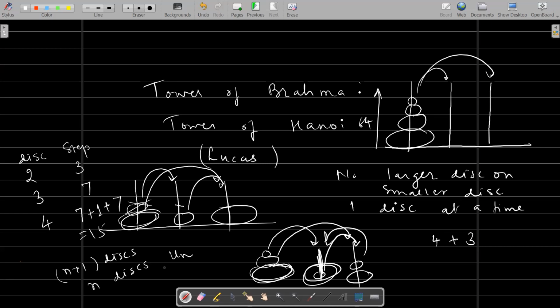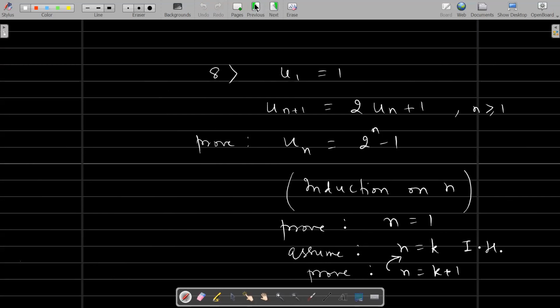Then basically for n plus 1 what I need is u_n, plus 1 for that largest, and again plus u_n for that shifting of n disks onto the largest. So it's basically u_(n+1) is 2u_n plus 1. That is that recurrence relation. Okay. So it's basically u_n plus 1 plus u_n.